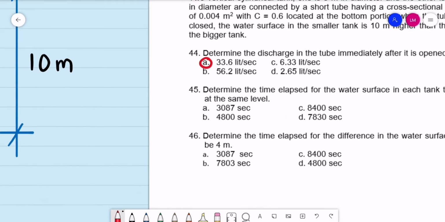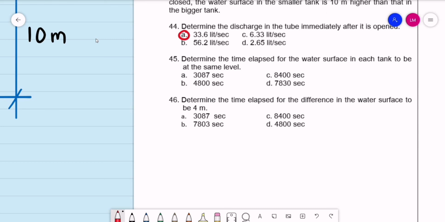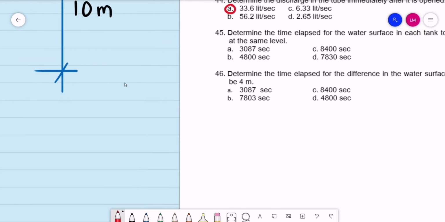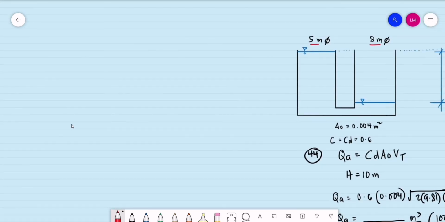Dito sa number 45, determine the time elapsed for the water surface in each tank to be at the same level. So, kapag 2 tanks na yung usapan, dalawa yung tanke, ito yung tinatawag nila minsan na submerged condition.